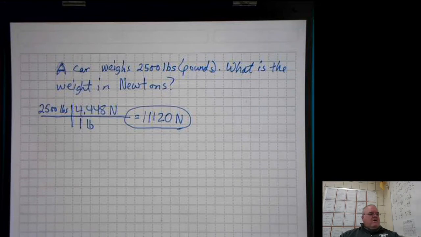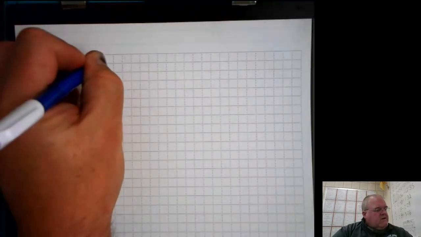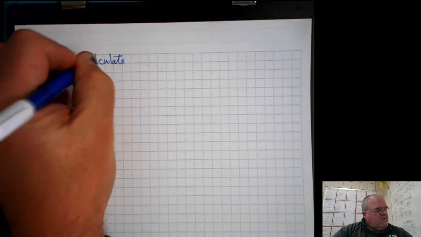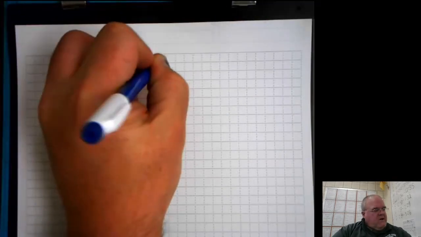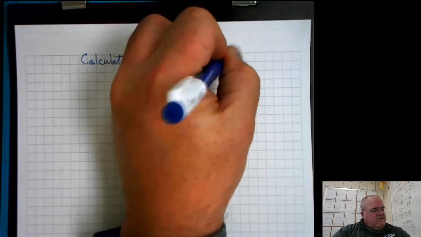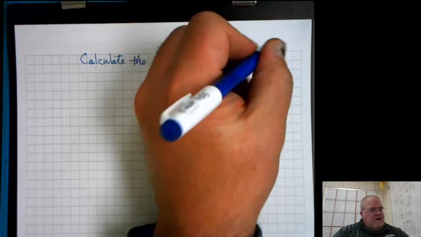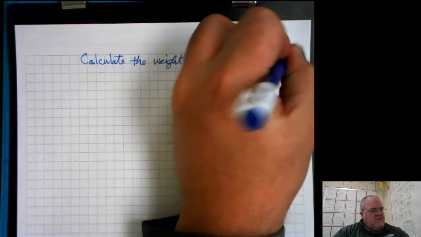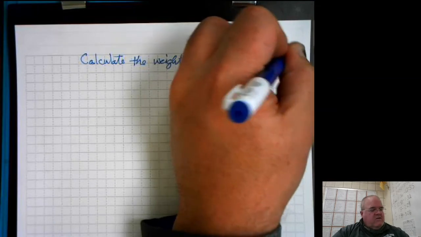The first calculation I want to look at is the weight of a 60 kilogram person in newtons.